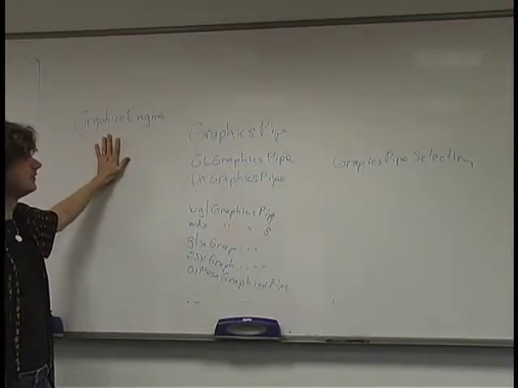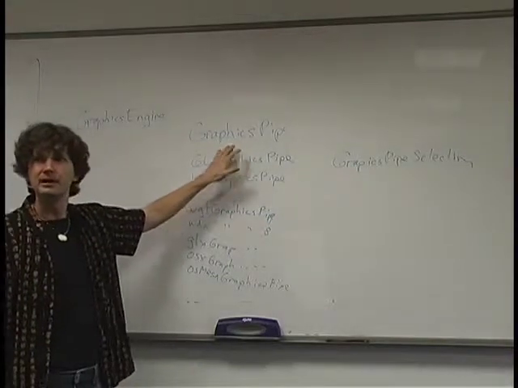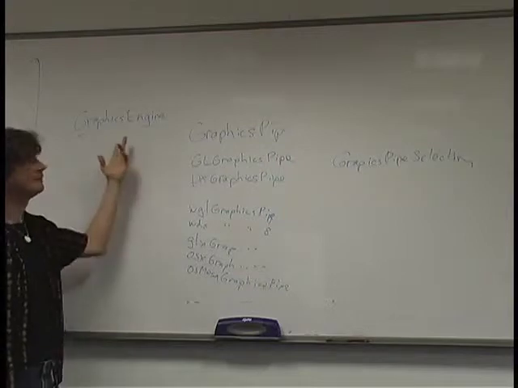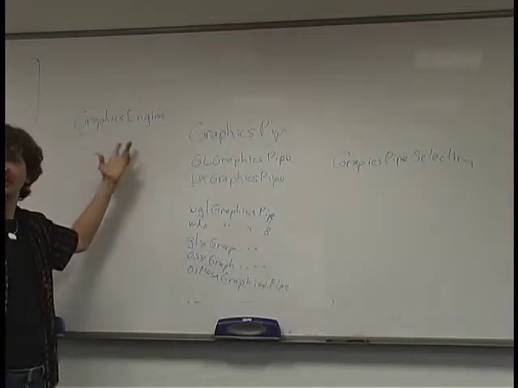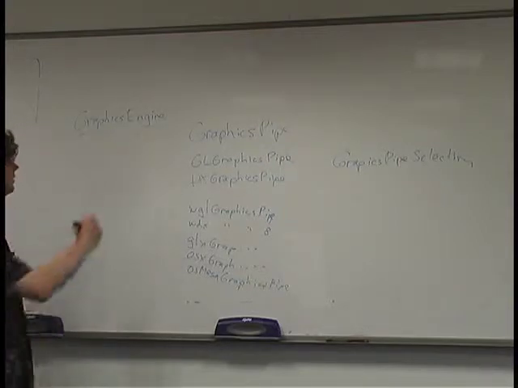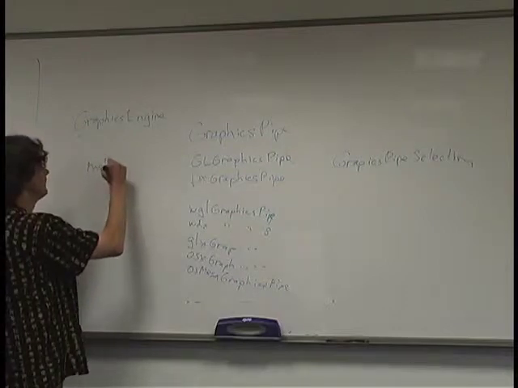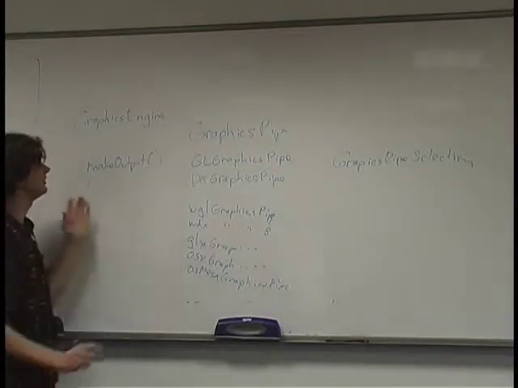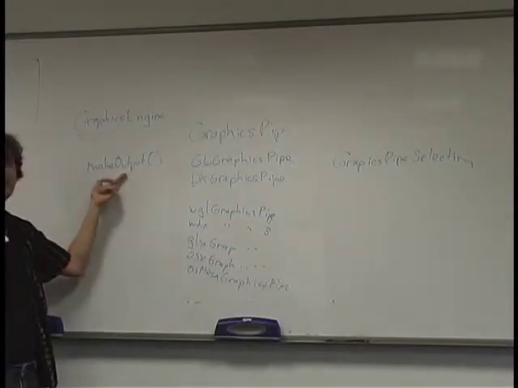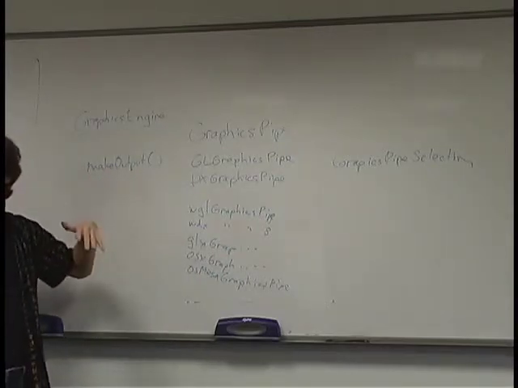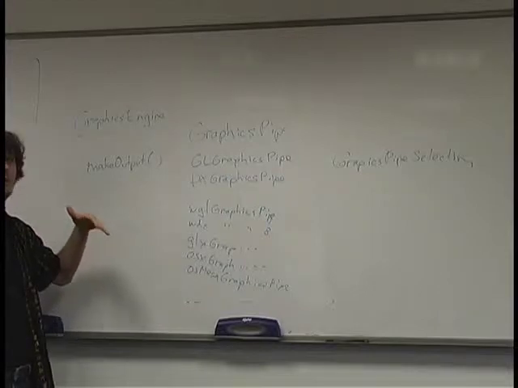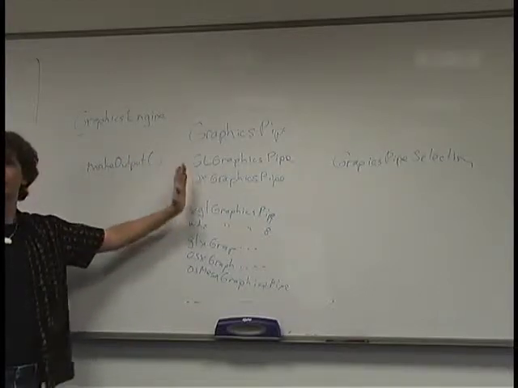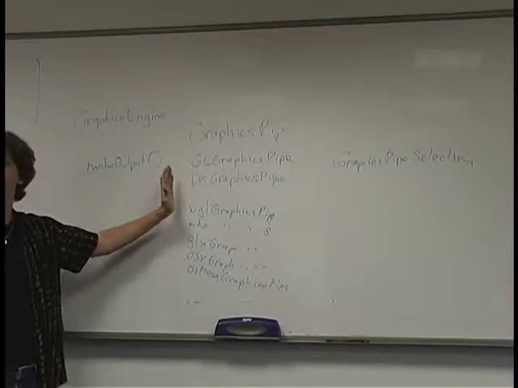But once you have a graphics engine and a graphics pipe, you can use it to create a window. And the normal way you do that is with graphicsEngine.makeOutput. makeOutput is a general purpose function on graphics engine, and it can create windows or off-screen buffers of various kinds. It's got a whole bunch of crazy parameters you can pass to it according to the kind of object you want it to create.